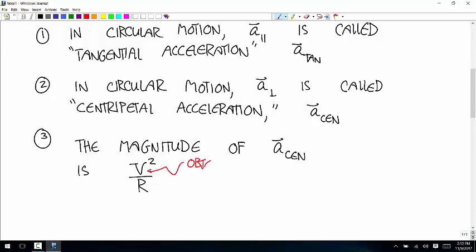So this v is the object's speed, and r is the radius of the circle.